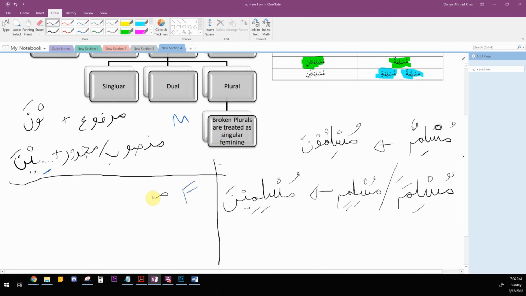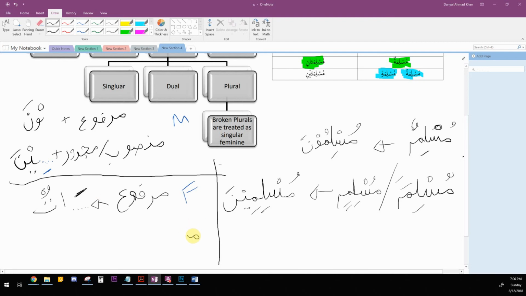So the marfu' state for the sound plural feminine noun, you're going to add an alif and a ta. Now obviously because there's an alif here, this is going to have the fatha. So the sound is going to be atun.